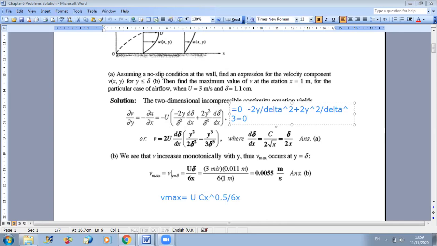Okay, so if you simplify you get the condition y equal to delta. Okay, يعني the maximum v takes place at y equals to delta. This is why I will replace in this equation y by delta to get my maximum velocity.